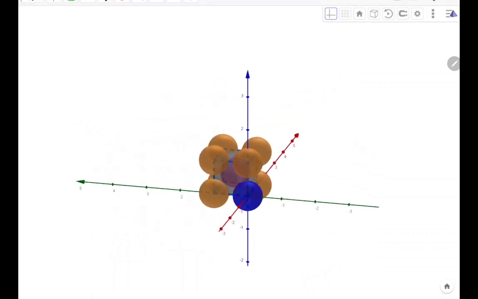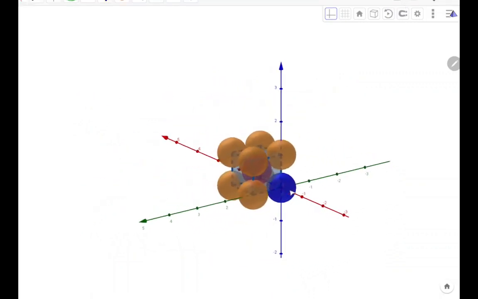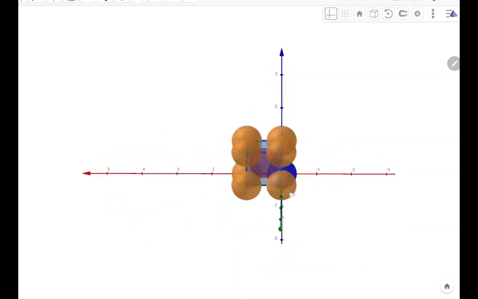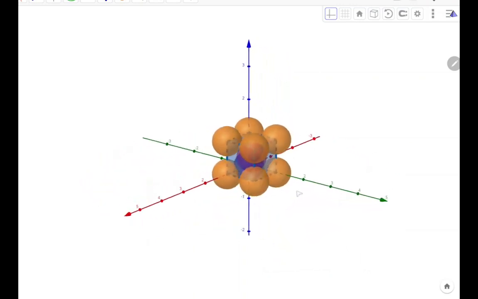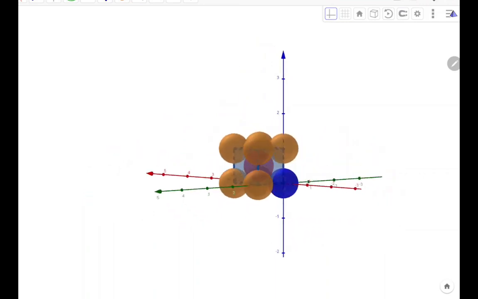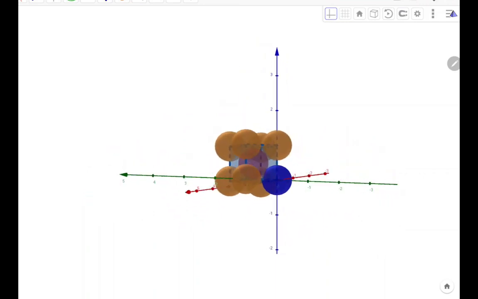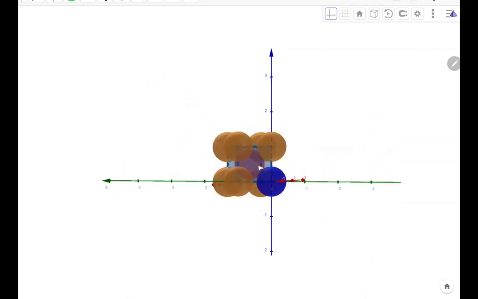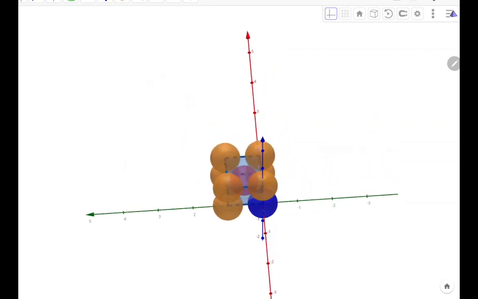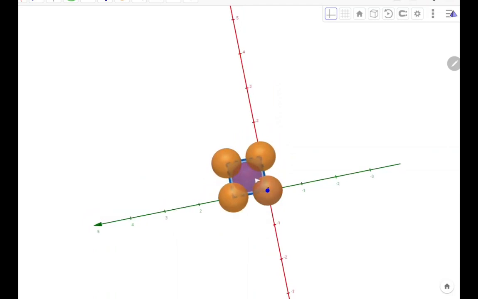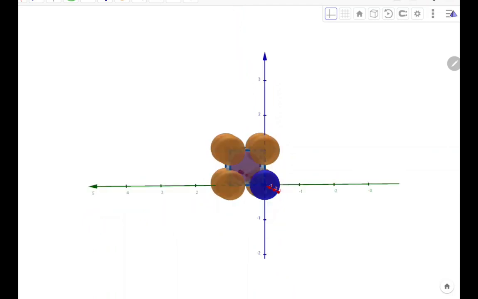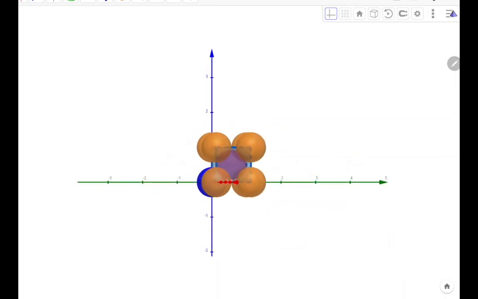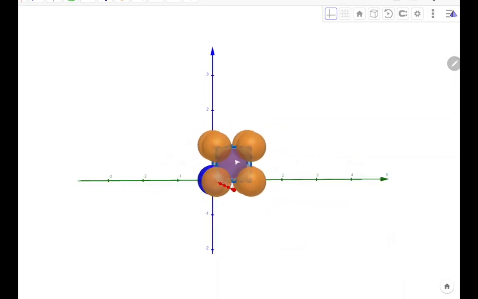Now the other type of cubic crystal is BCC, or body-centered cubic. In BCC, as we can see here, it's similar to simple cubic, with 8 atoms on the corners of a cube, and there is an atom in the center of this cube, the red one. Notice that all atoms should be the same type. We color the middle atom red in order to visualize the structure well.